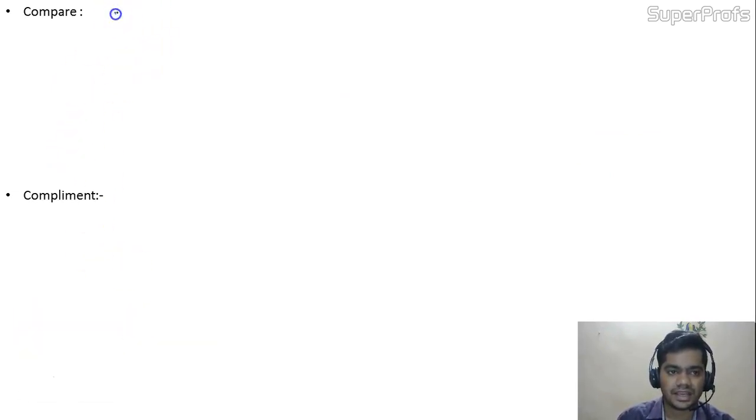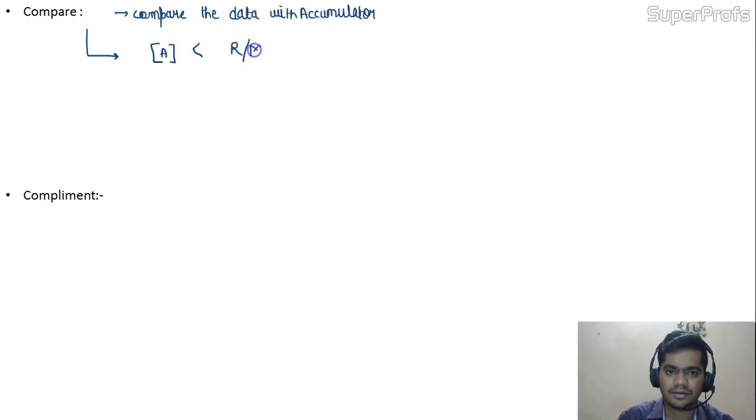Here we are comparing the data which is present in the instruction with the accumulator. The point to keep in mind is that if the content of the accumulator is less than the register R or M, the content pointed by the HL register pair, or the 8-bit data, then the carry flag would be 1.